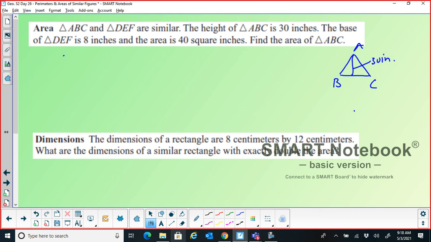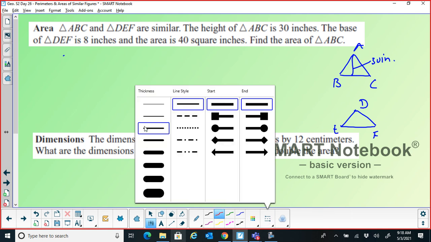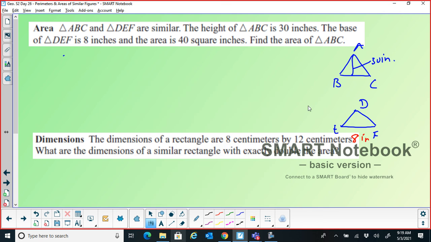Let me draw triangle DEF. These are not to scale, I'm just drawing. The base of triangle DEF is 8 inches, so I have this base EF which is 8 inches, and I have been given the area here as 40 square inches.